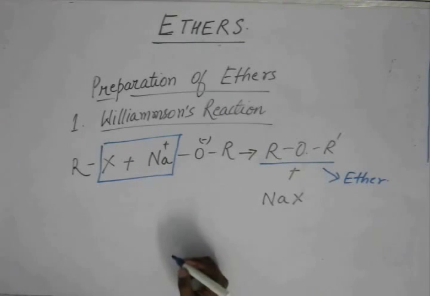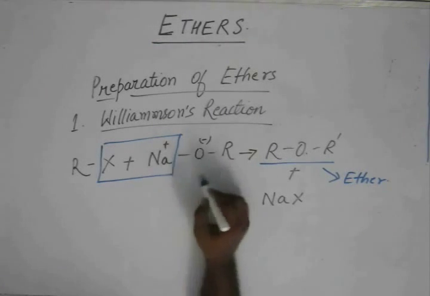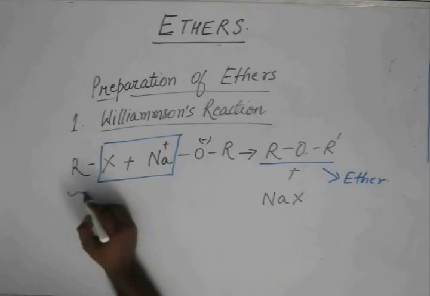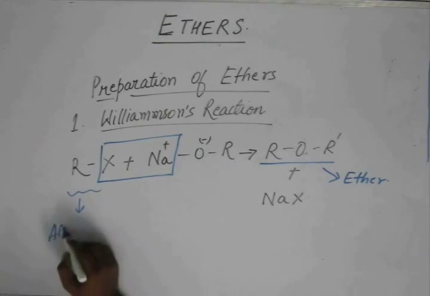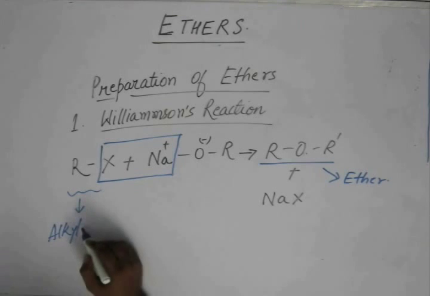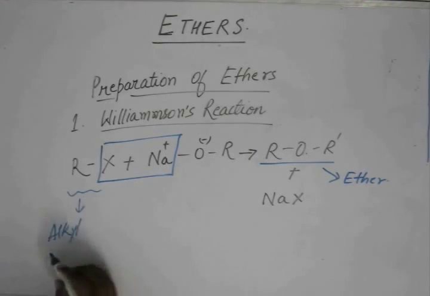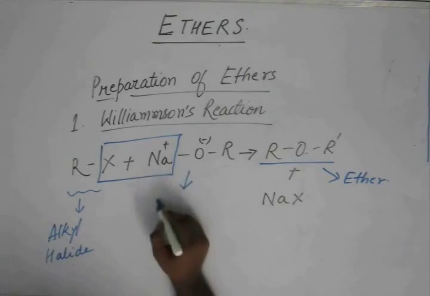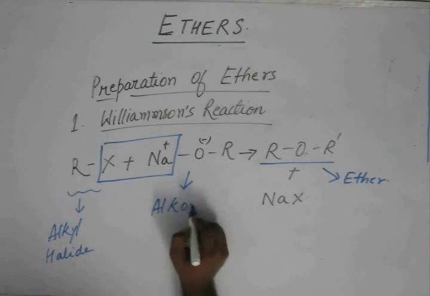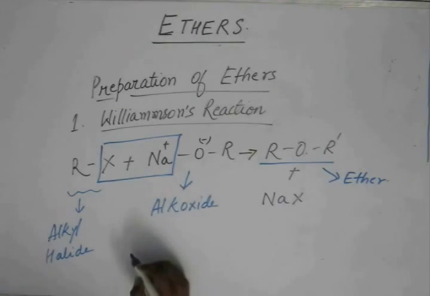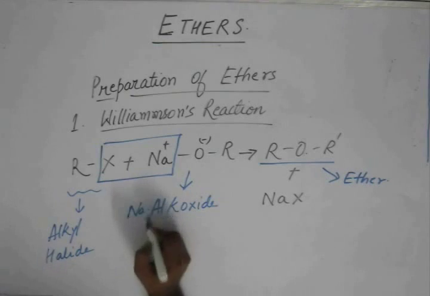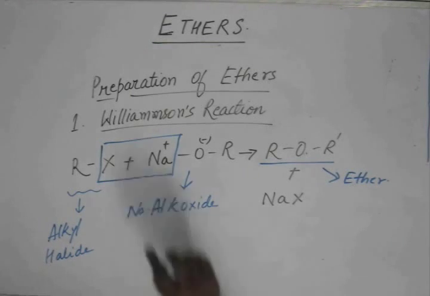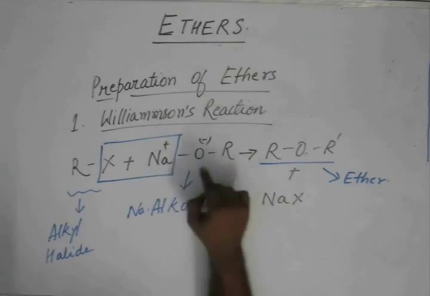Alright, so we have the sodium salt of any alcohol and an alkyl halide that take part as the major reagents of Williamson's reaction or Williamson's ether synthesis. We have an alkyl halide and an alkoxide, sodium alkoxide. Alright, the sodium salt of the alcohol ROH.